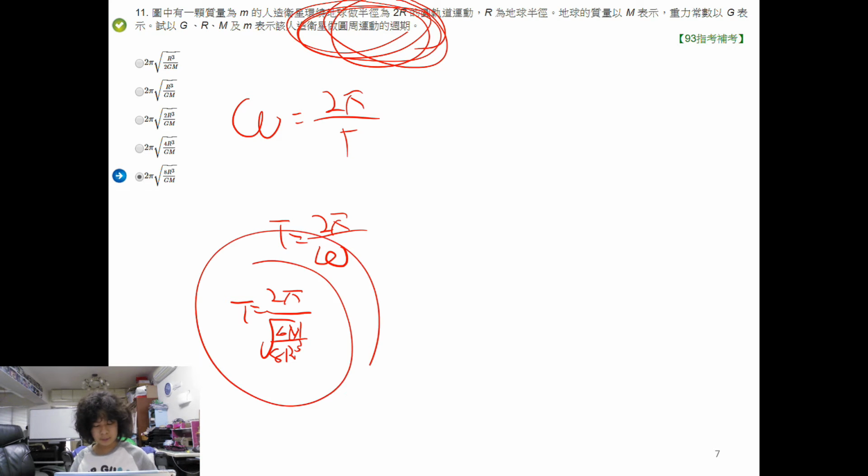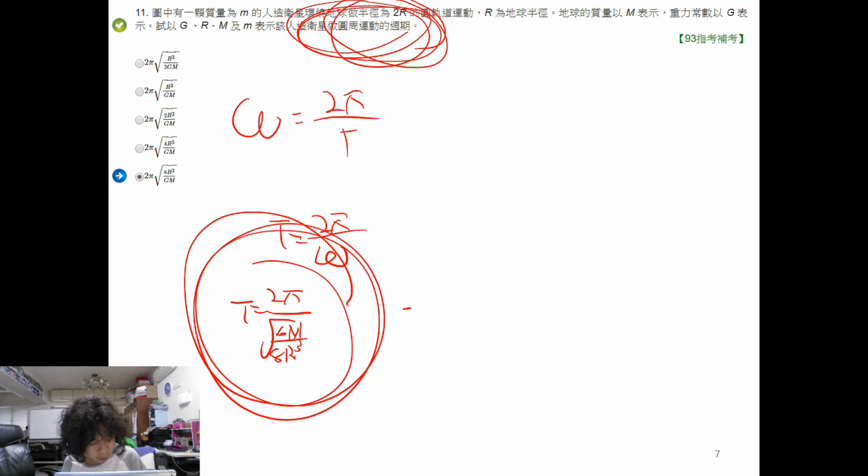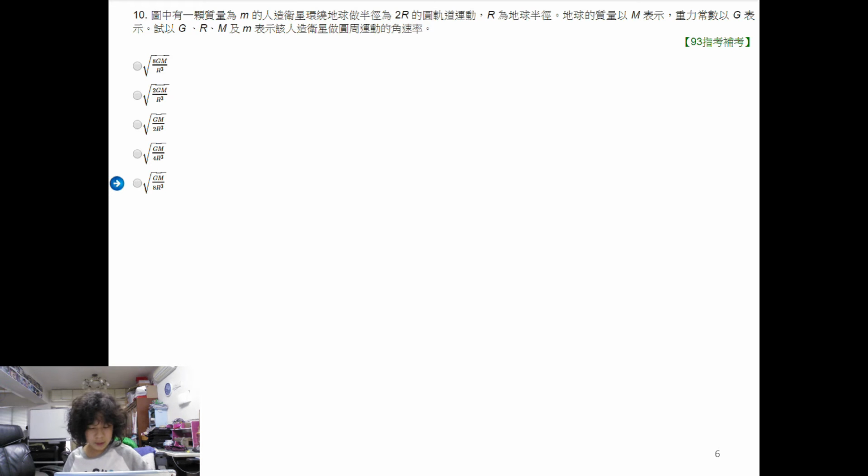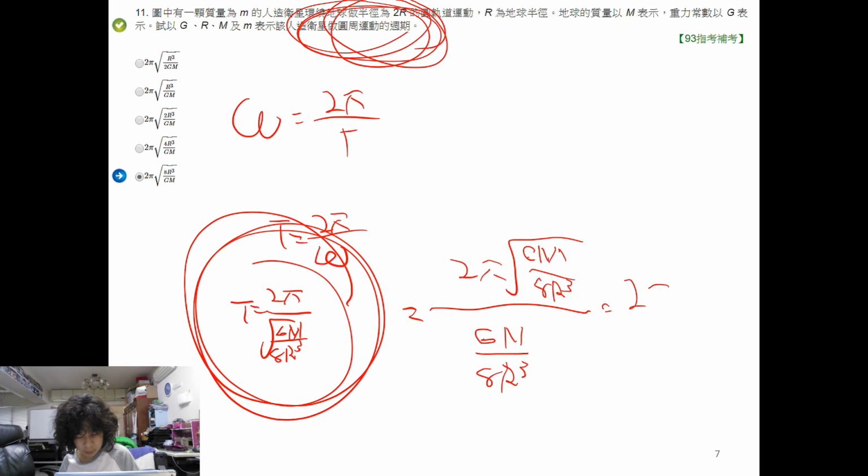So you get this, which is also equal to 2 pi times the square root of 8r cubed divided by GM. Okay.